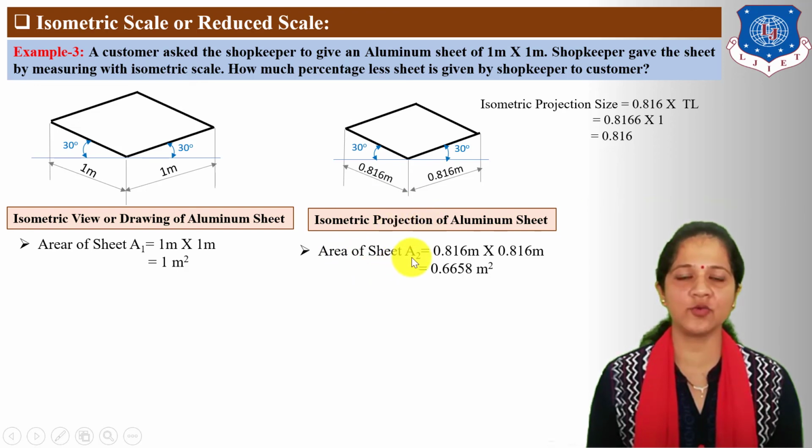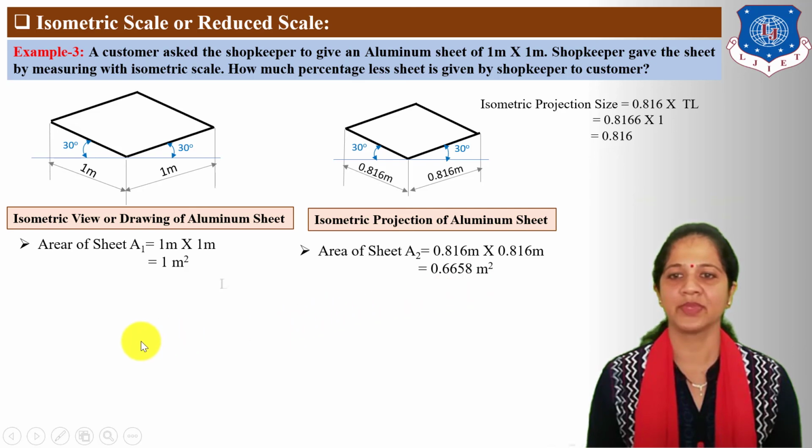So, area A2 is equal to length into width. In isometric projection, the size of length is 0.816 meter and the size of width is also 0.816 meter because the actual size of length and width is given 1 meter. So area A2 is equal to 0.6658 meter square.